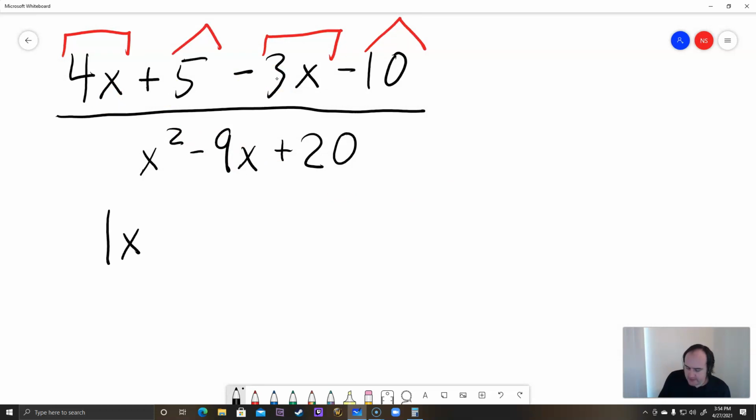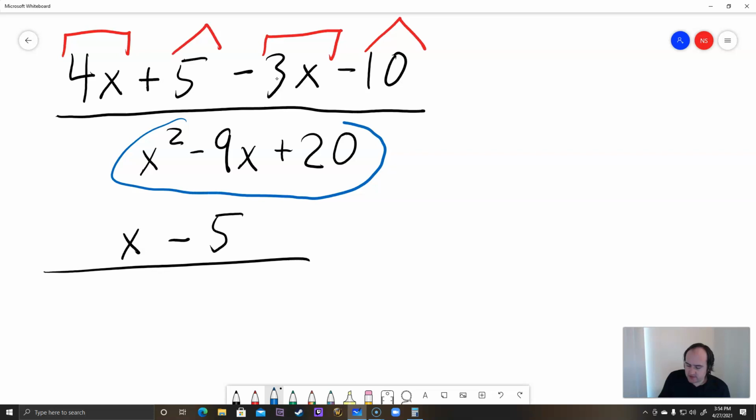Okay, but remember 1x is just the same as x, because 1 times any number is the number. So that's just going to be x. And then we have 5 minus 10 on the top, which is negative 5. So on the top now we have x minus 5. And then for our denominator, the x squared minus 9x plus 20.